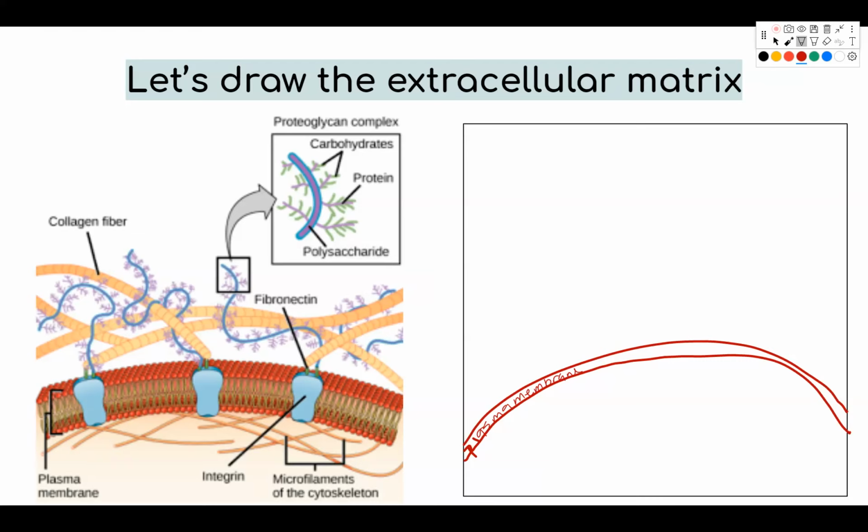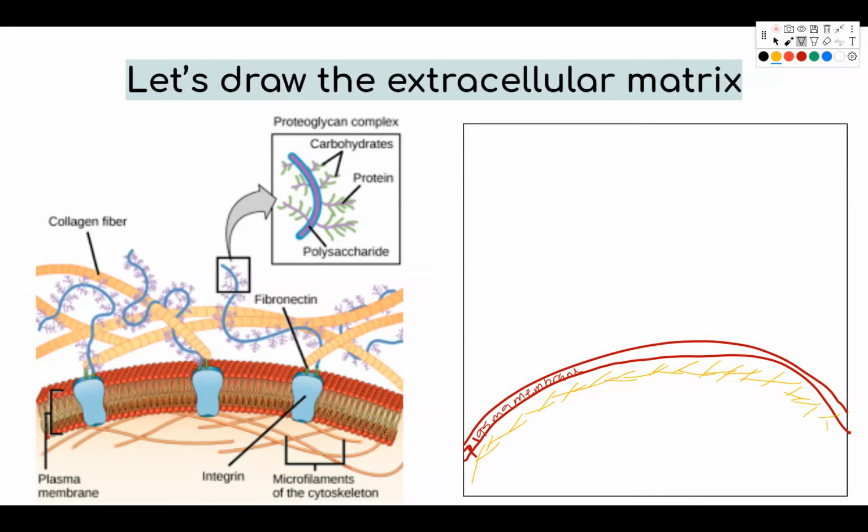We talked last week about the different types of cytoskeletal elements, right? One of those was microfilaments, and those microfilaments formed a kind of complex around the outside of the cell, right? That is what we are going to draw down here. We've got our microfilaments all along the inside of our cell.